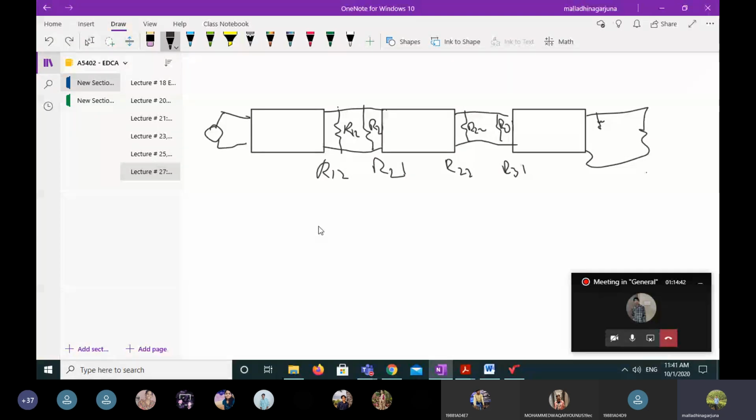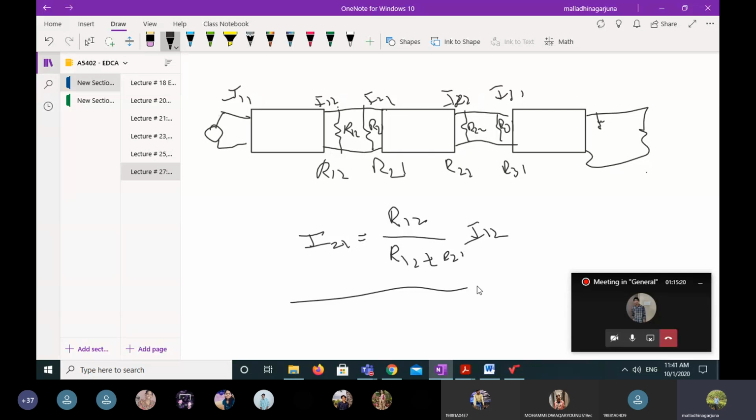Input is I11, and this is I12, this is I21, this is I22, and this is I31, for example. So I21 is equal to R12 divided by R12 plus R21, into I12.